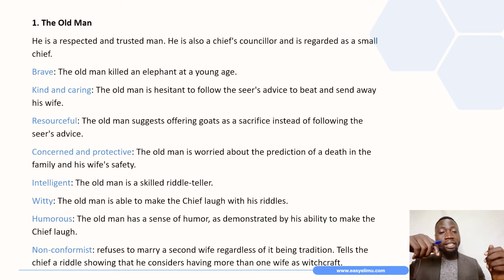Remember, polygamy is a tradition in their community. He is expected to have a second wife, but he fails to listen to that, and uses a riddle to answer and say what he thinks, that having more than one wife is like witchcraft.